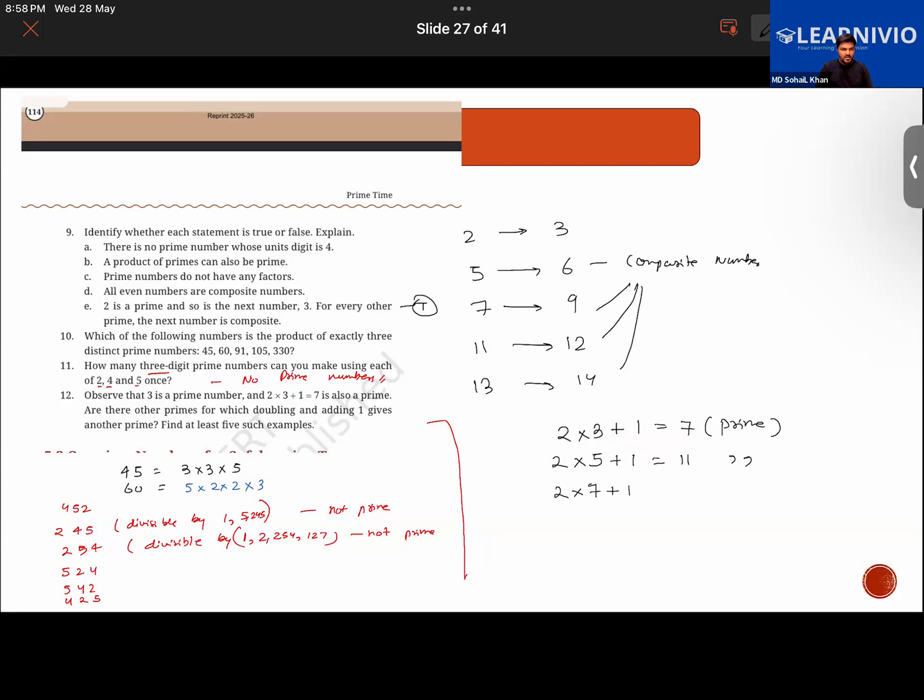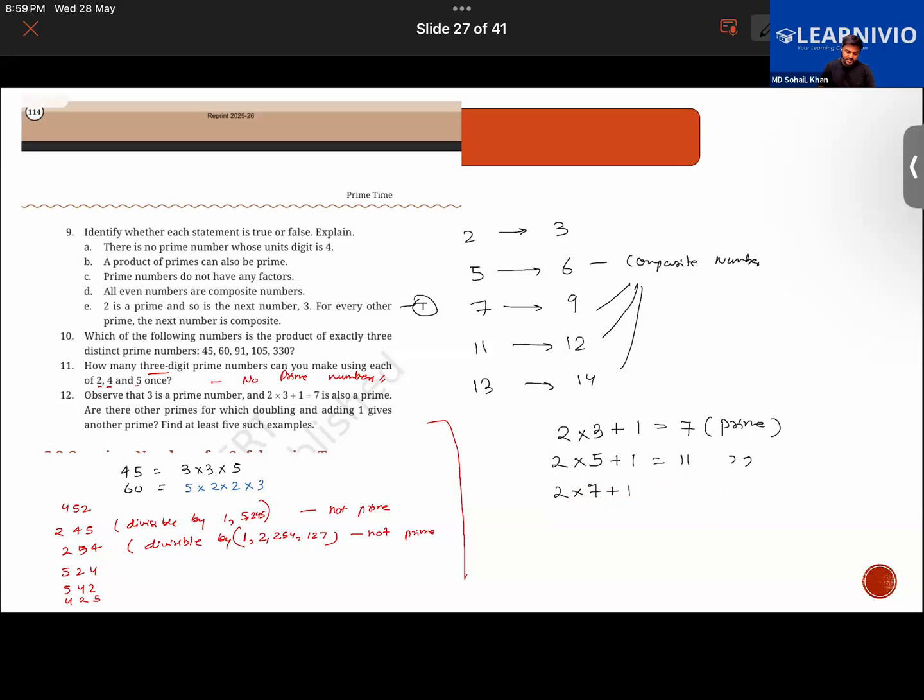In the question it is further mentioned: are there other primes for which doubling and adding 1 gives another prime? For 7 it is not possible, because when we double 7 and add 1 we don't get a prime number, we get 15.